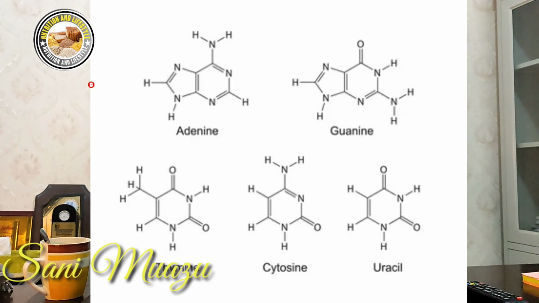So what is a nitrogenous base? A nitrogenous base can be a purine or a pyrimidine. When I say purine, I'm talking about a compound that has 2 rings, one ring from pyrimidine and the other ring from imidazole, fusing together to form a purine compound. It's a 2-ring carbon nitrogenous compound.